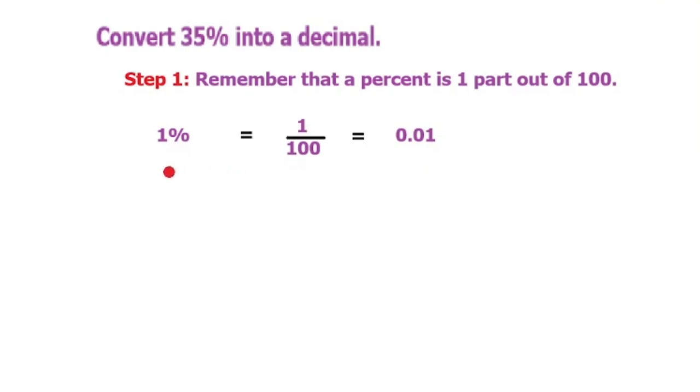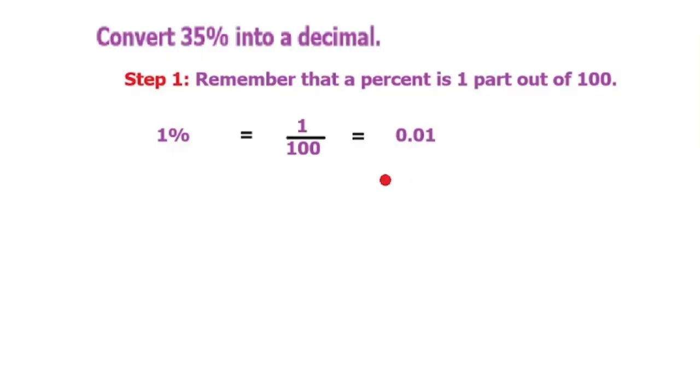So if we're going to work with 1%, 1% is 1 part out of 100, and that equals 0.01 in decimal form. And if you take a look at some of my other videos, and I have links to those videos in the description, I have details on why 1 over 100 is 0.01.